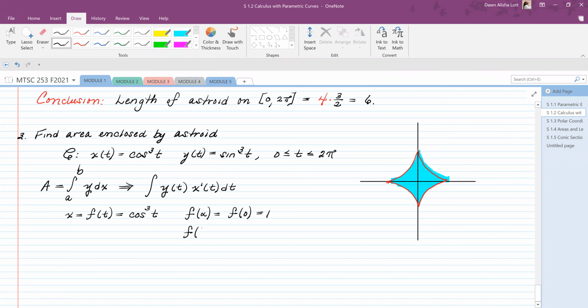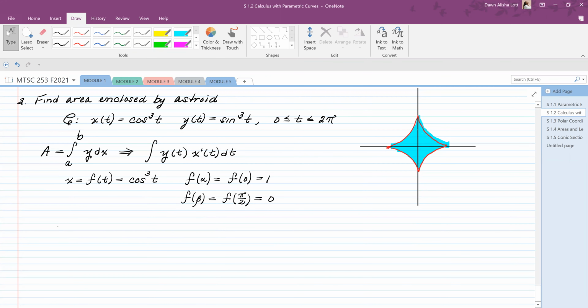And f of beta is f of pi over 2, and that's 0. Oh, I wrote that backwards. So now if you remember, if f of alpha is less than f of beta, we do alpha to beta. But if f of beta is less than f of alpha, we do beta to alpha.